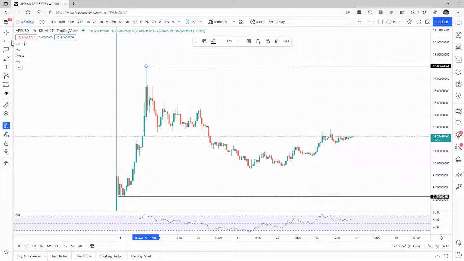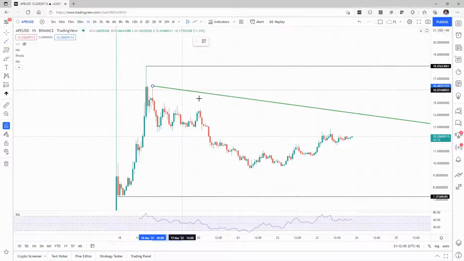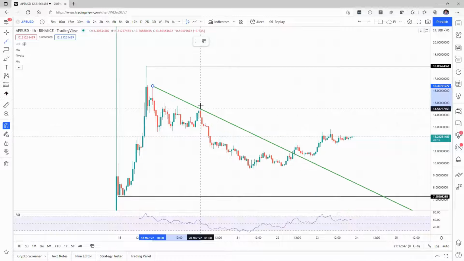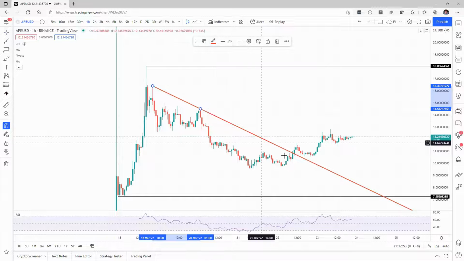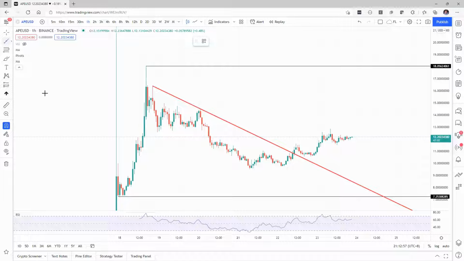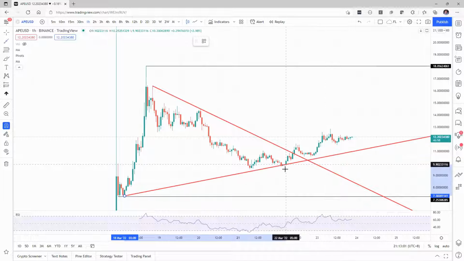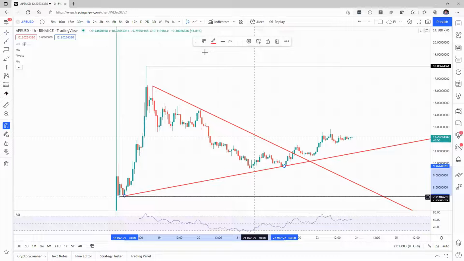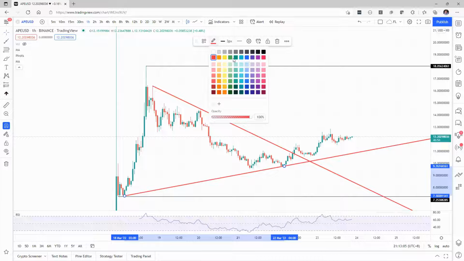Then what we can already see a little bit with the blind eye is that we have a bit of a descending trend line, which is all in all very well respected and even saw a clean breakthrough over here. I'll drill into that a little bit later. And next to that, if we put on here a little bit of an ascending trend line in green, there we go.